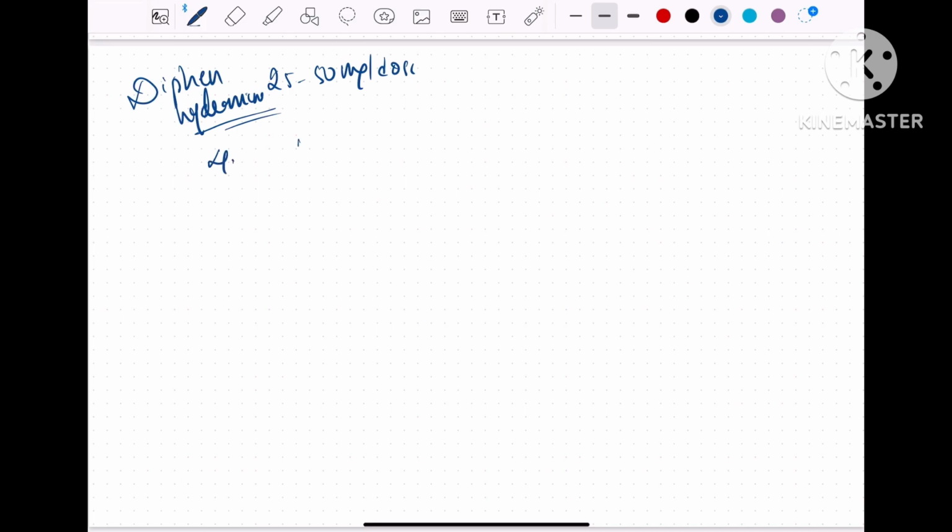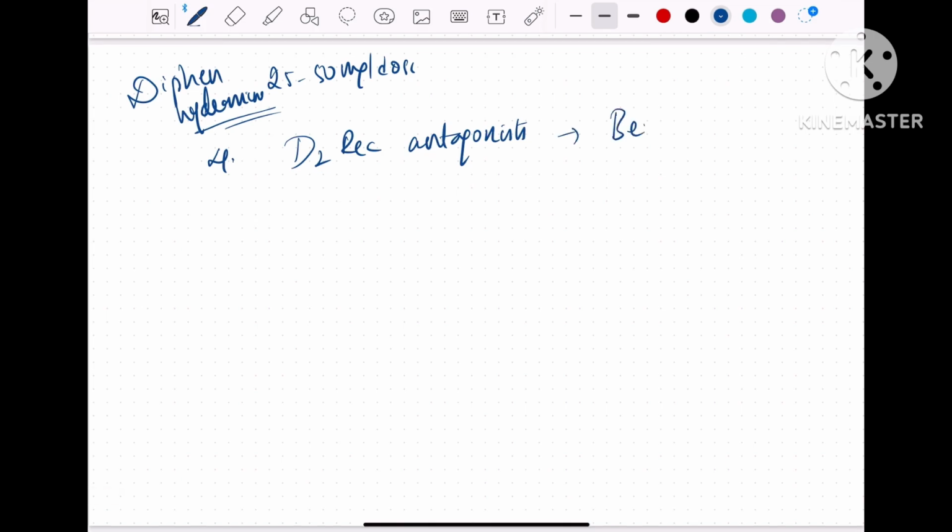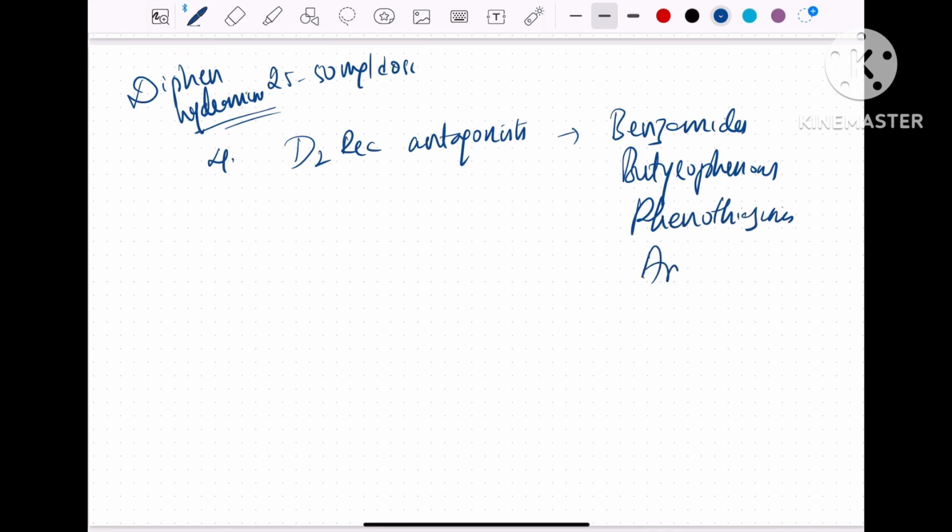The other group of drugs, dopamine receptor antagonists. They have central side effects, and extrapyramidal side effects are also there. In this group, we have benzamides, butyrophenones, phenothiazines, and amisulpride.